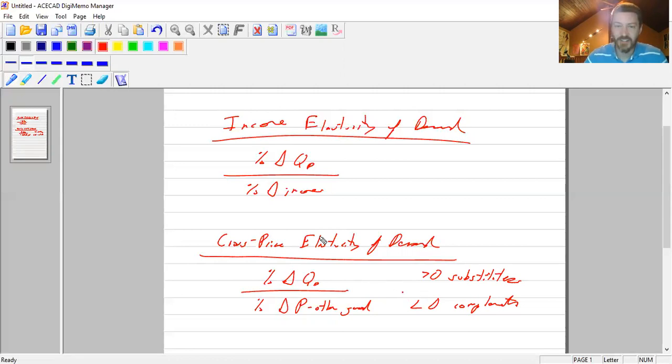If this elasticity, of course, is exactly zero, then the goods are simply unrelated, and it would be really boring to even have this discussion. You wouldn't be talking about the goods in that case. But if it's greater than zero, substitutes. If it's less than zero, complements. So that's it. This is a straightforward concept. There's not a whole lot here that we have to worry about.